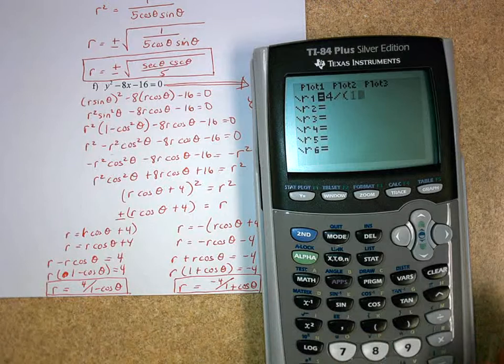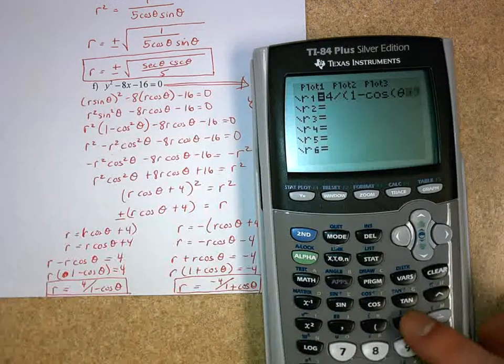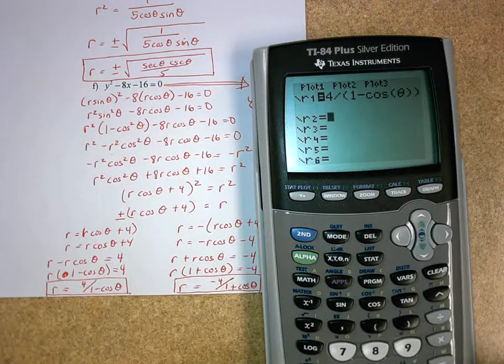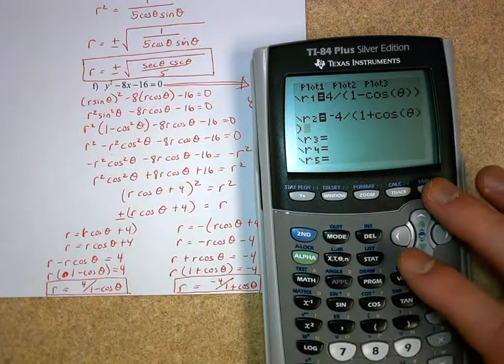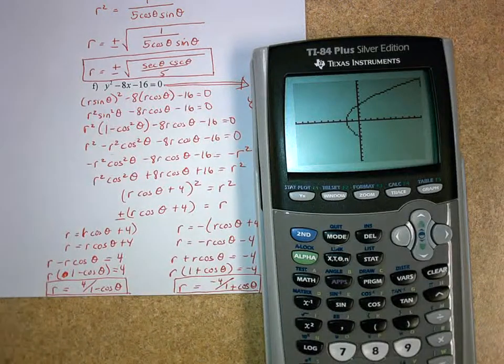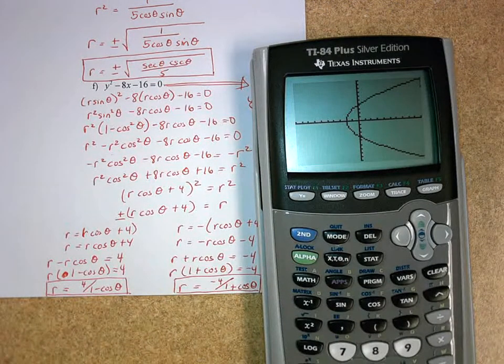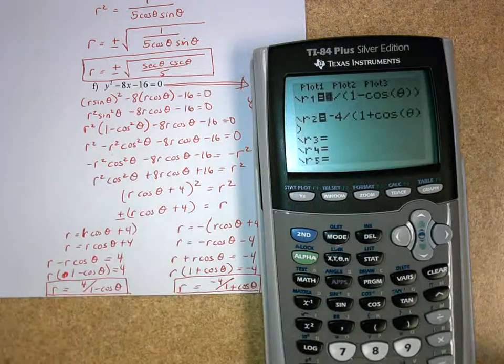So the first one is 4 divided by 1 minus cosine of theta. The second one is negative 4 divided by 1 plus cosine of theta. And if I go to graph, sure enough, I get the same parabola that I had in rectangular form.